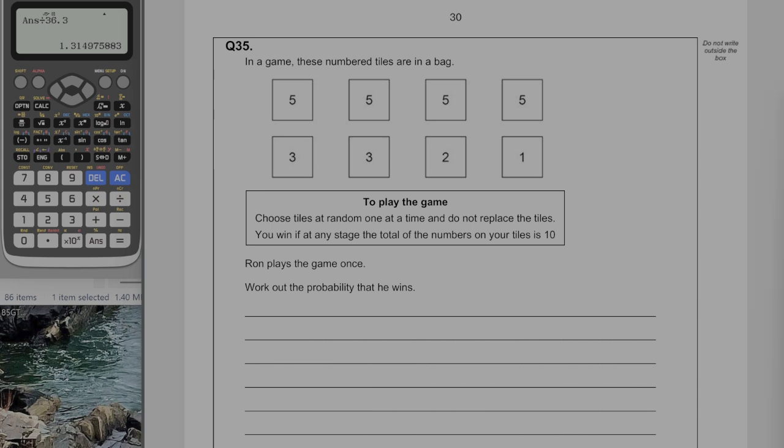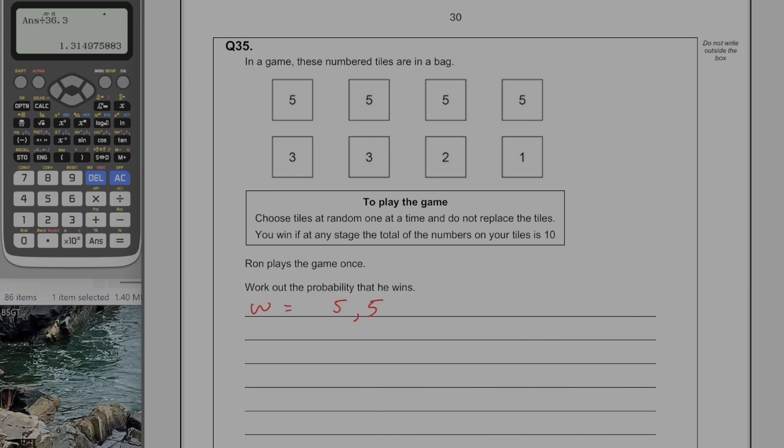Right, let's think about ways that you could win. So my options to win. I could obviously go a 5 and then another 5. That would be one option. My other option would be a 5, 3, and a 2.